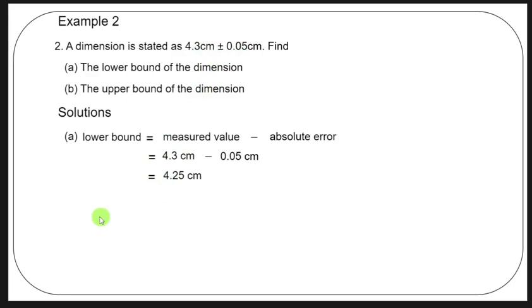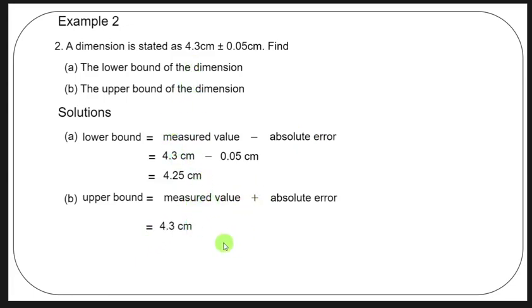Then we'll get the upper bound, which will be equal to the measured value plus the absolute error. So we get the same equals, 4.3 centimeters. Now we use plus, then we'll get the same 0.05 centimeters.